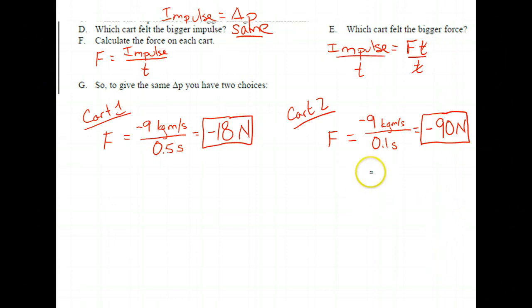So this one had a large force, but a very small amount of time, whereas this one had a much smaller force, but a large amount of time. And when we multiply those two things, we get the same change in momentum or the same impulse. Okay. So let's look at that here.